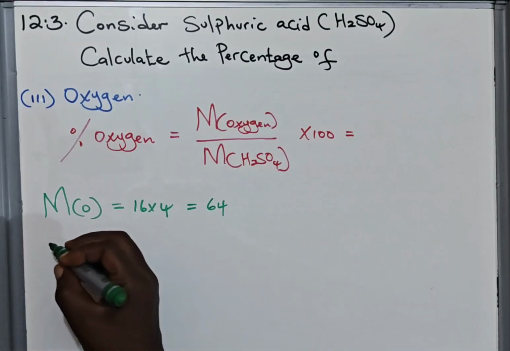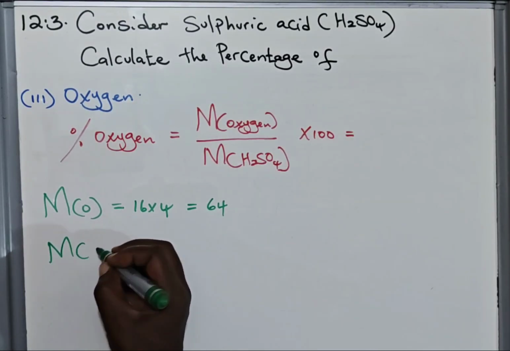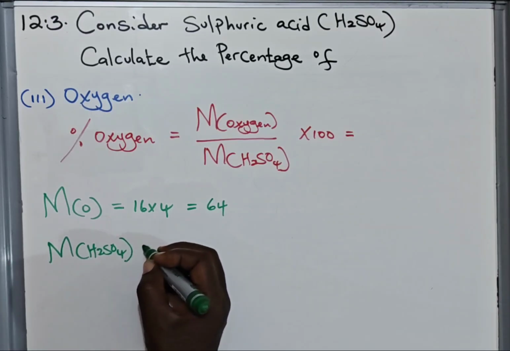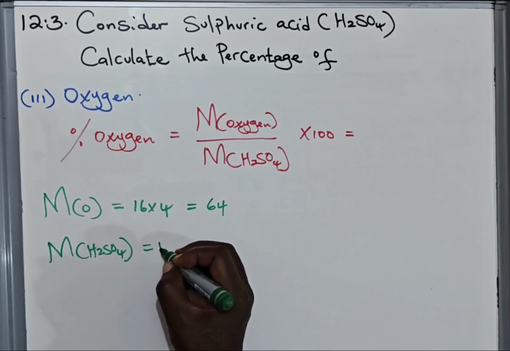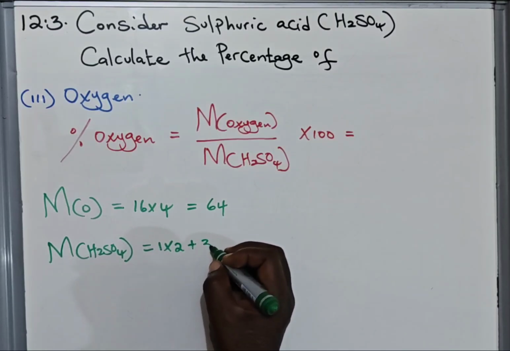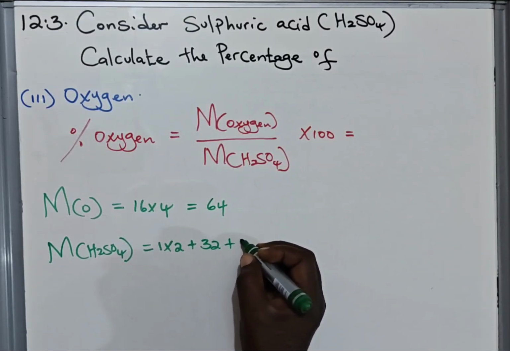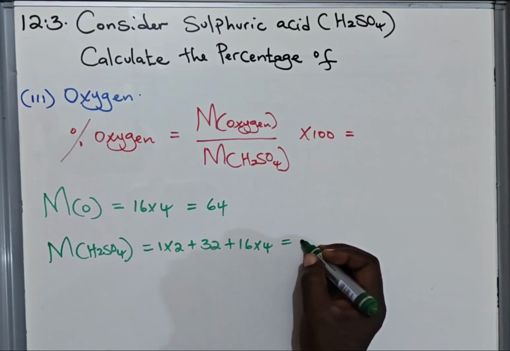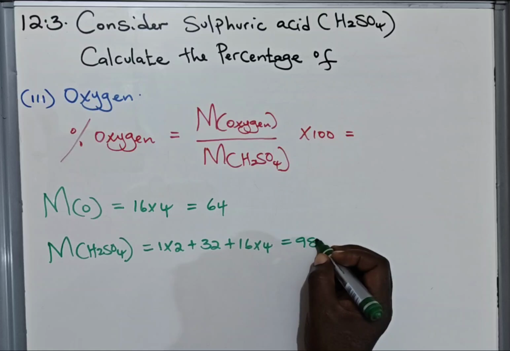Then next is going to be the mass of sulfuric acid, which is going to be 1 times 2 plus 32 plus 16 times 4, giving you 98.